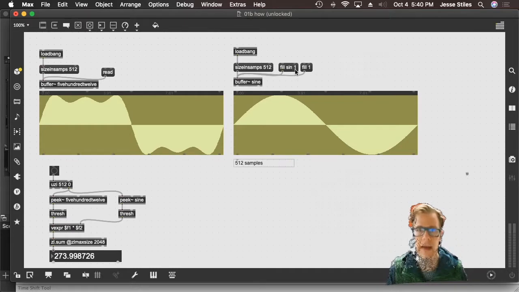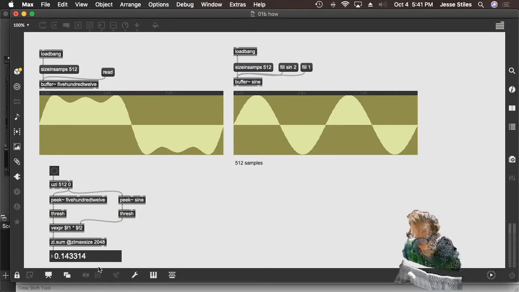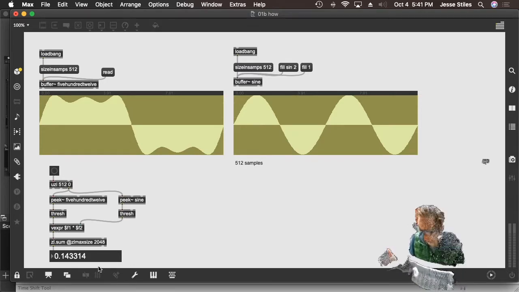Let's look at the next sine wave that fits perfectly in this window. Here is the sine wave that repeats itself 2 times in 512 samples. And let's take the product of this and this. It's pretty close to 0. And this is actually expected because we know that square waves only have odd numbered harmonics.